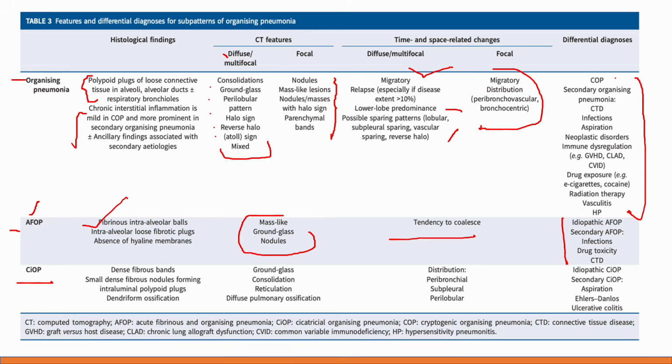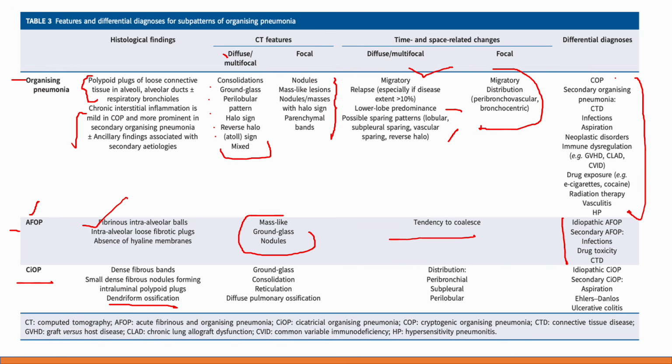In that case, you see a combination of fibrotic NSIP and organizing pneumonia, and this is histologically called fibrosing organizing pneumonia, or it may be called cicatricial organizing pneumonia when all these polypoid plugs have dense fibrous tissue also, and it's usually also defined classically by dendriform ossification.